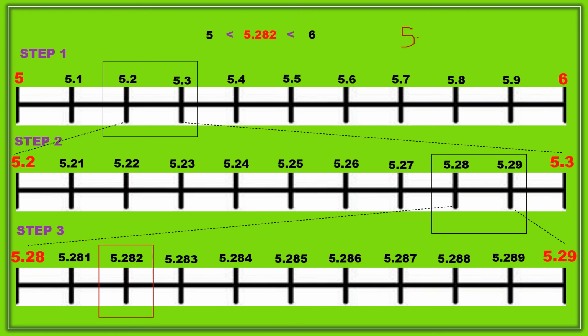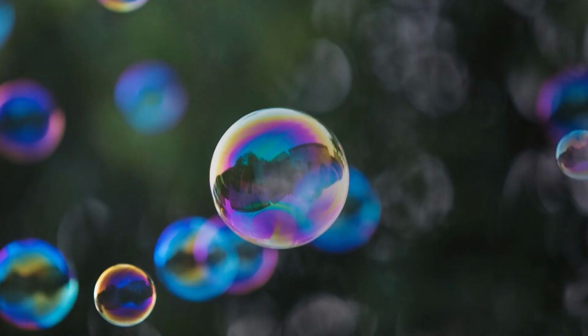Suppose I gave 5.28 bar, where only the bar is for 8. So you will write this number as 5.288888 and so on.